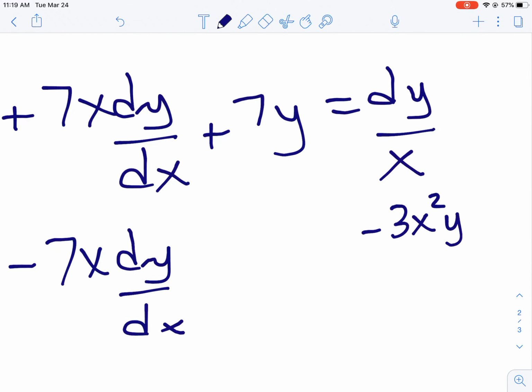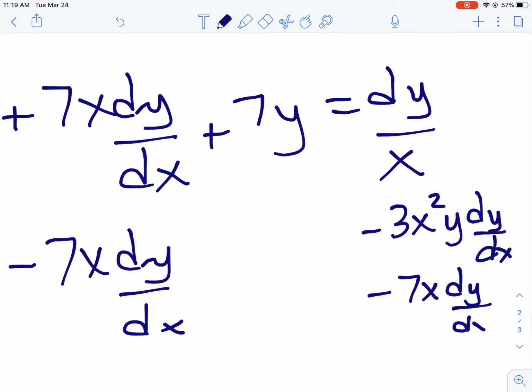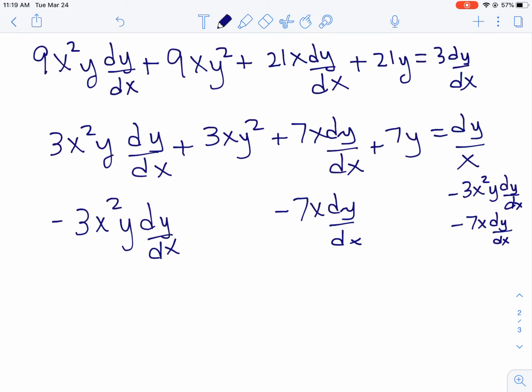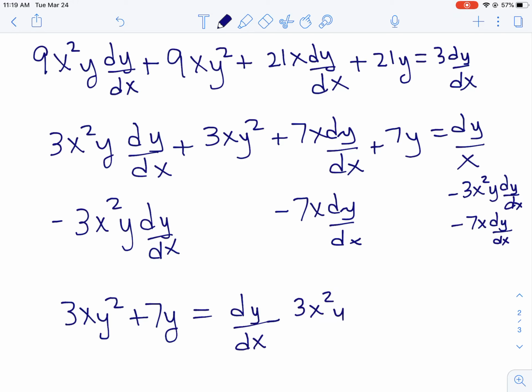Okay, notice it's algebra fun. So on the left side, all I have left is 3xy squared plus 7y. And on the right side, I have dy dx minus 3x squared y dy dx minus 7x dy dx.